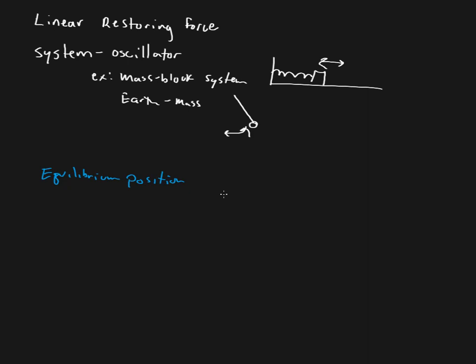The equilibrium position is also noted by the fact that there is no net force at the equilibrium position. Another term that we need to review is the restoring force. And restoring simply means that it points toward the equilibrium position.